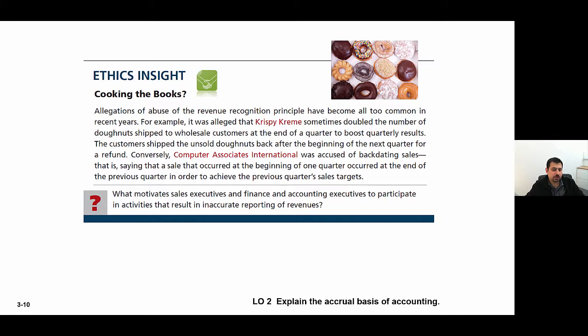Take, for example, a scenario where a computer company falls short on their forecast, and in order to boost their sales, they can, for example, go in December and make a huge sale.